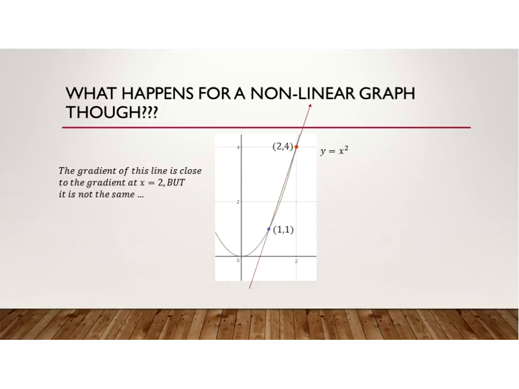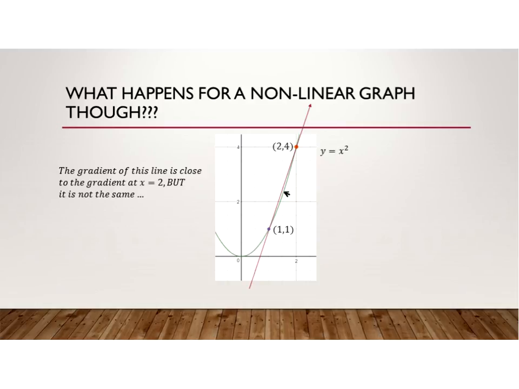If you think for a second about the line that joins the 2 points, let's look at the line from (1, 1) to (2, 4). As you can see, particularly in the middle here, there's a difference between the line that joins those 2 points and the function. The function isn't a straight line, it's a curve.